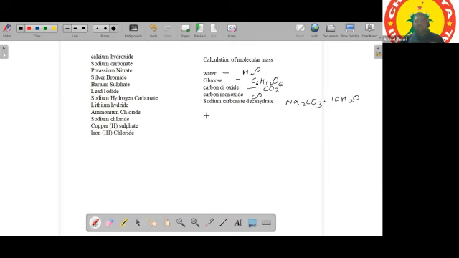Then one more you have to find, calcium hydroxide. The formula is Ca(OH)2.